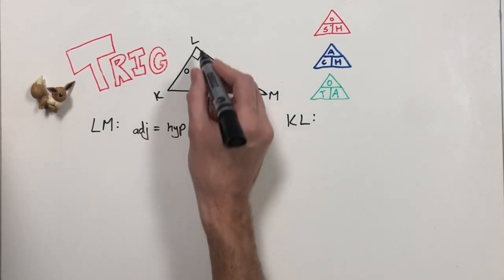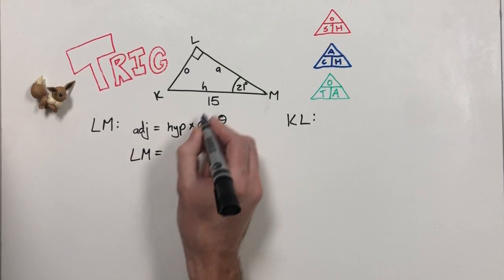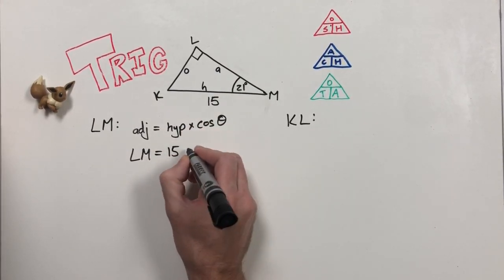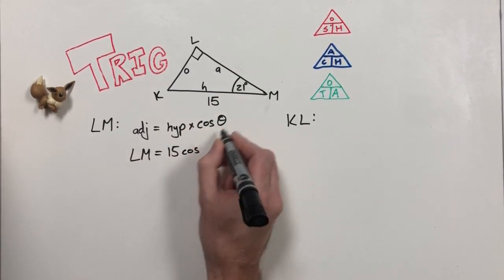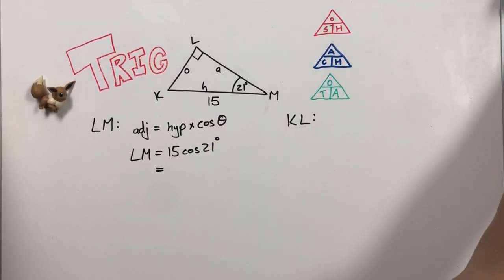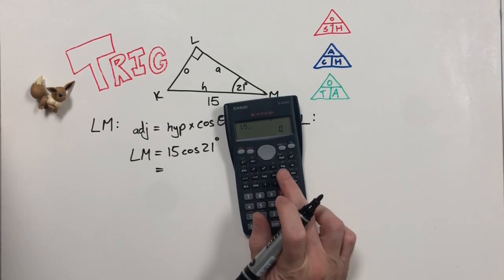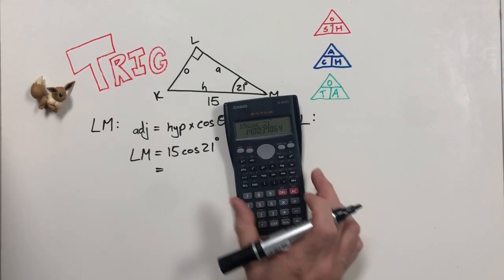So adjacent, that would be LM, so I can write LM is equal to hypotenuse, which is 15, times cosine of 21 degrees. And I can just put that in my calculator, 15 cosine 21, and there you have it.